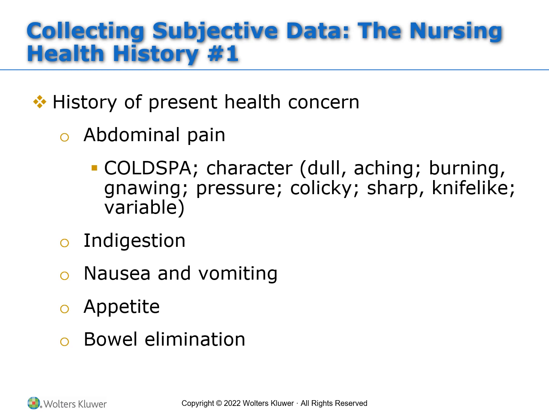So again, you're asking the client about the characteristics of the pain. What does it feel like? And you want them to describe it. Okay, and this might tell us things about infection, inflammation, obstruction. Things like, when did the pain begin?